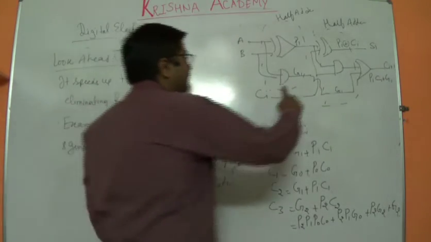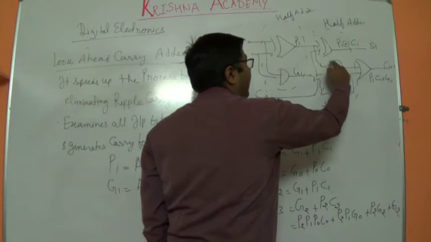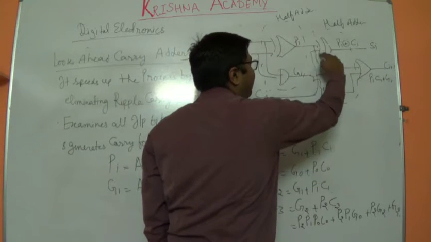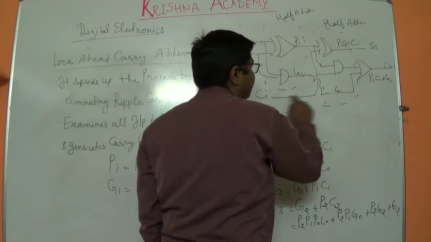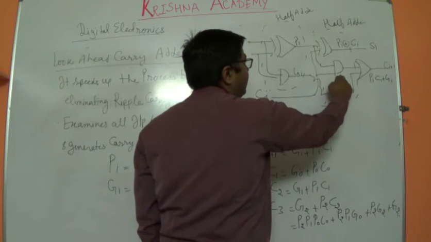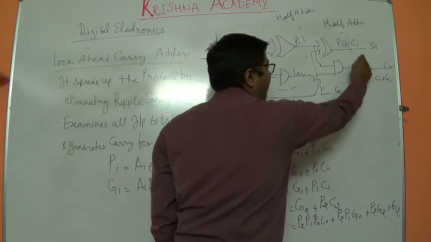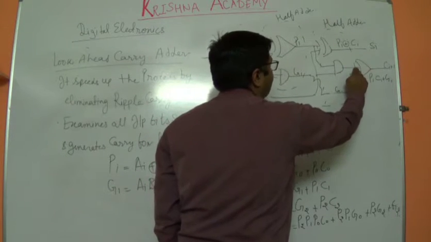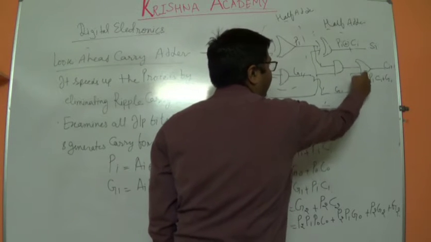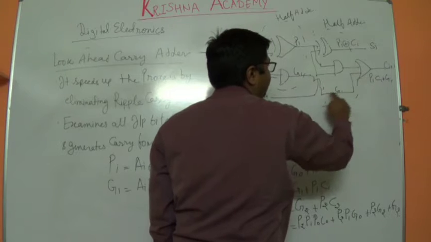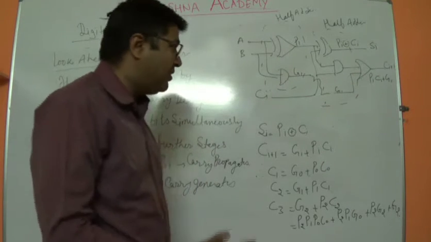Now Ci and Pi need to be ANDed together, and that output goes to a logical OR gate, not an XOR, along with Gi, and this generates the carry for the next stage simultaneously.